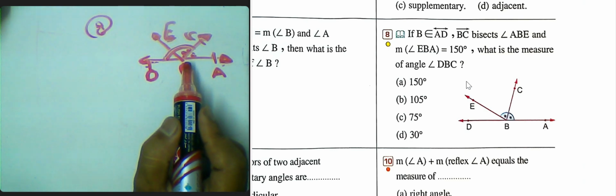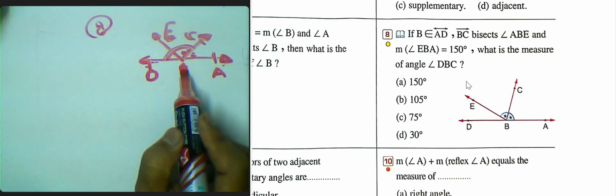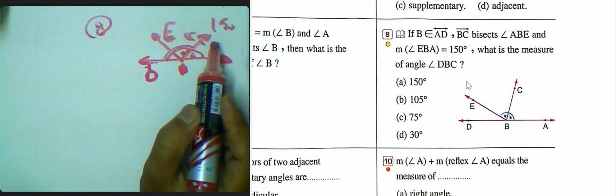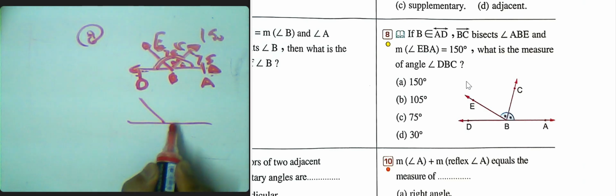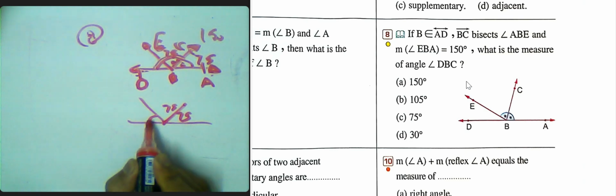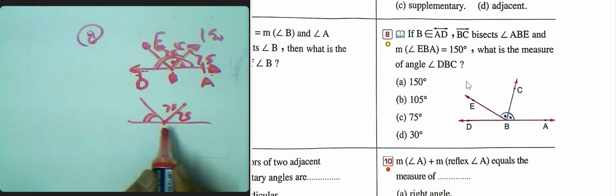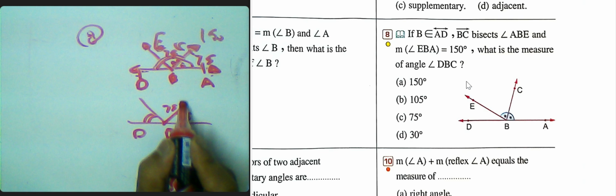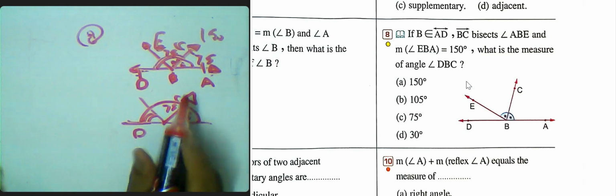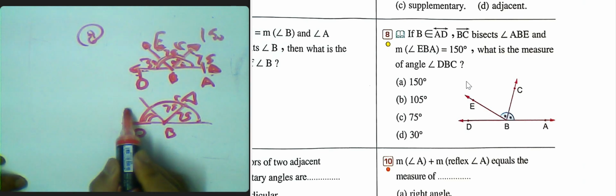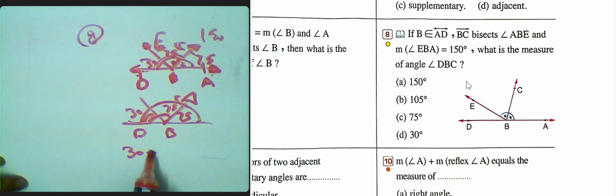Okay, look at it, they give us EBA. EBA was 150. 150 divided by 2 equals 75, and here 75. Then you can find this angle. We have 75 and 75. You want to find DBC. We know 180 subtract 150 to be 30. Then 30 plus 75 will be 105. Choose the letter B.